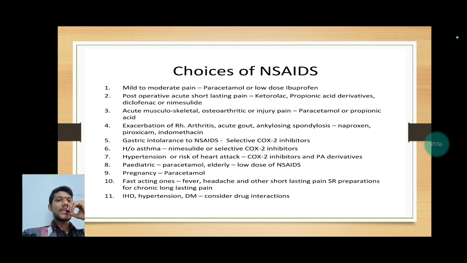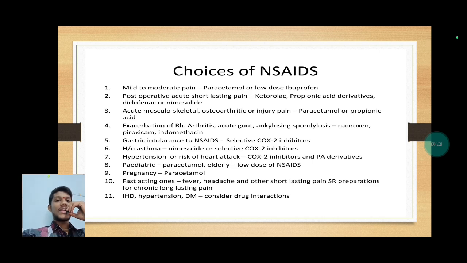Acute musculoskeletal, osteoarthritic or injury pain: we will use paracetamol, propionic acid derivatives. Next, exacerbation of rheumatoid arthritis, acute gout, ankylosing spondylitis: we will use naproxen, piroxicam, indomethacin.